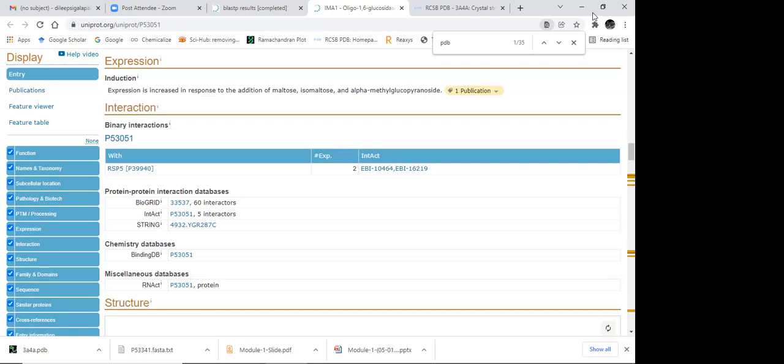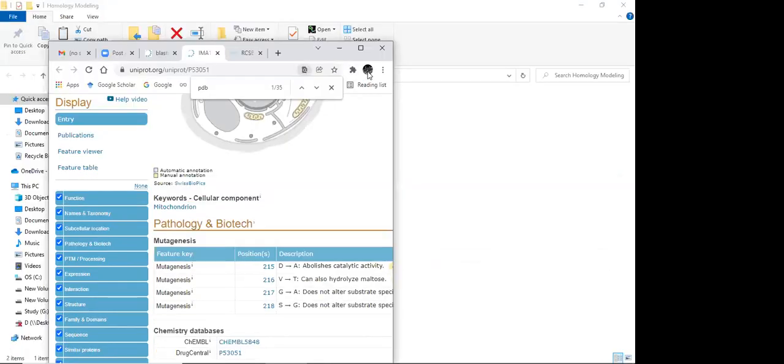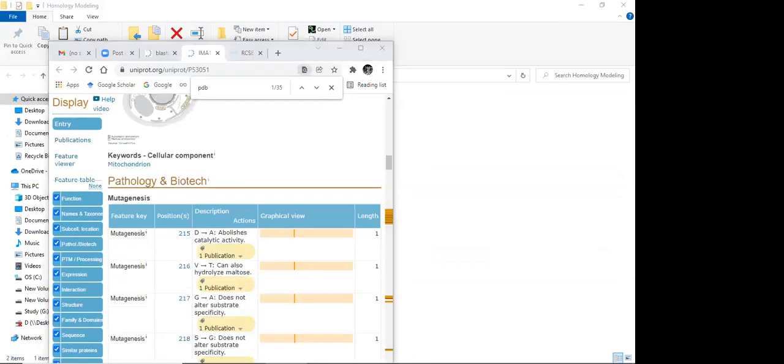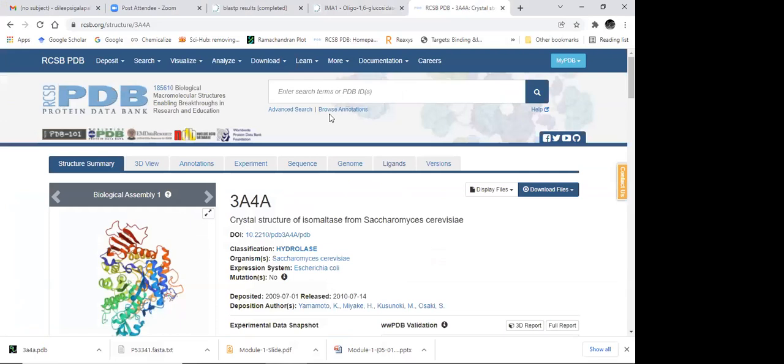Then we have downloaded that PDB structure from the Protein Data Bank, that is 3A4A. We have downloaded it and saved that structure in my homology modeling folder.